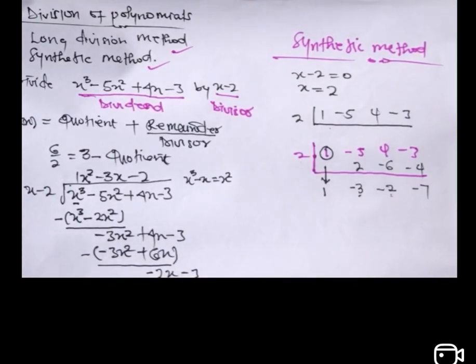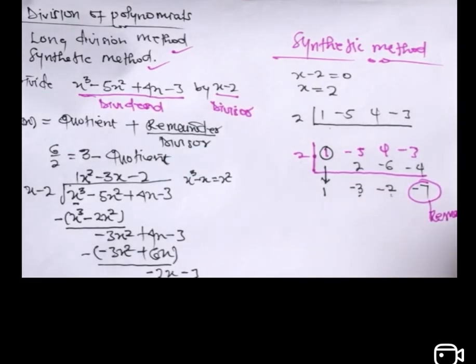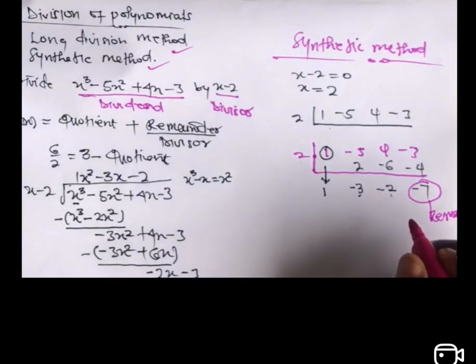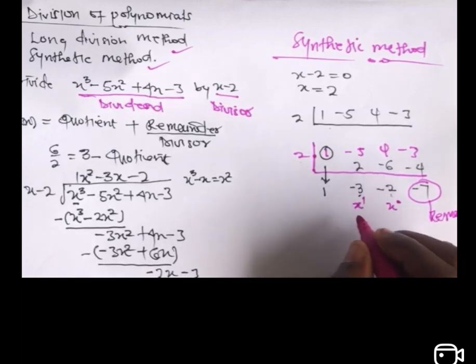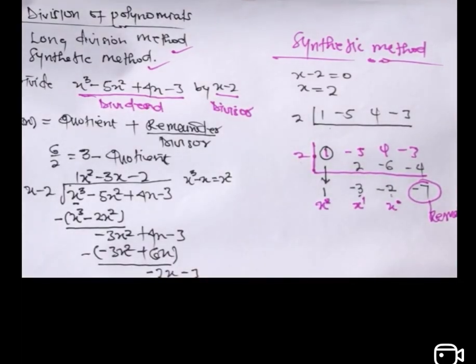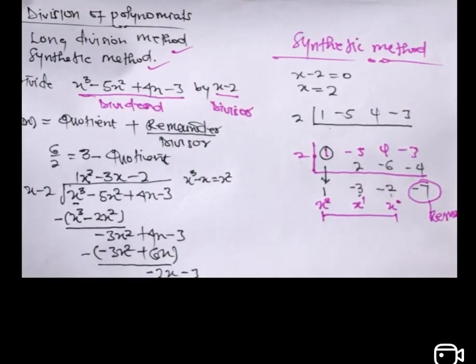After this, the last term we have here is our remainder. Okay, it's our remainder, and we start from my right side to my left side. So I'll name here x to the power 0, x to the power 1, x to the power 2. Okay, and this is what we call the quotient.